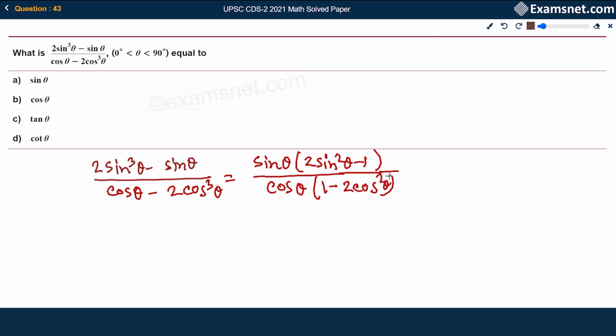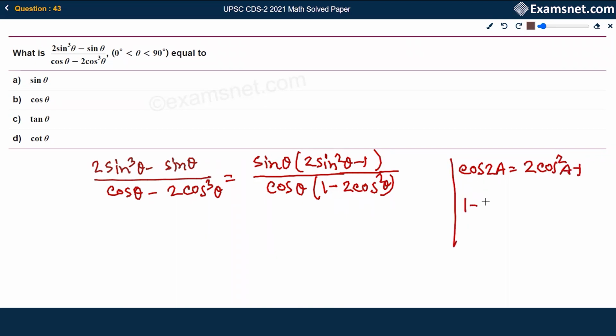Okay. Now we know that there is a formula cos 2a equals 2 cos square a minus 1.